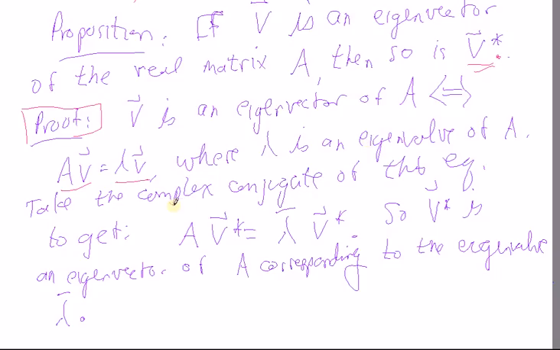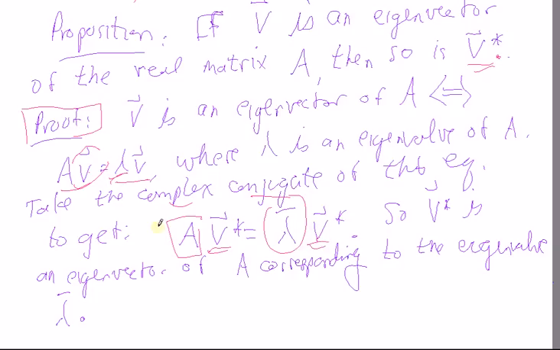Take the complex conjugate of this equation. Now, what's the complex conjugate of the matrix A? Well, it's the matrix A because the entries are all real. What's the complex conjugate of the vector v? Well, the complex conjugate of v is v star, where I take the complex conjugate of all the entries of v. What's the complex conjugate of lambda? Well, that's lambda bar. And here I have v star again.